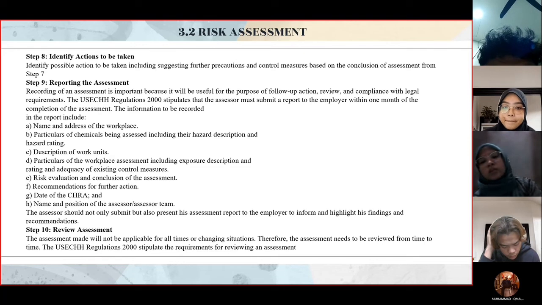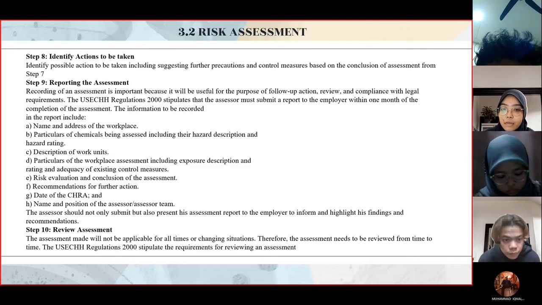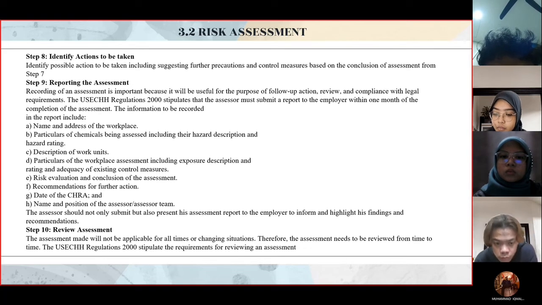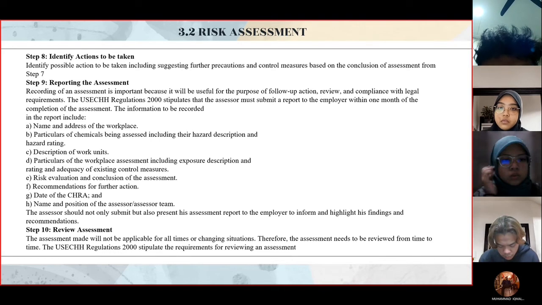E. Risk evaluation and conclusion of the assessment. F. Recommendation for further action. G. Date of the CHRA. And H. Name and position of the assessor or assessor team. The assessor should not only submit but also present the assessment report to the employer to inform and highlight its findings and recommendations.